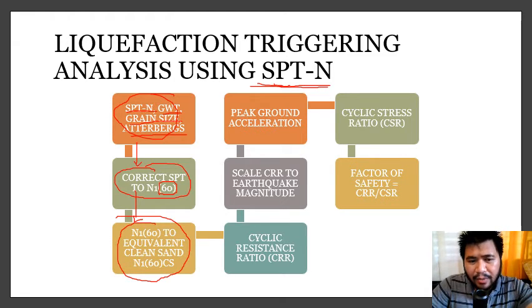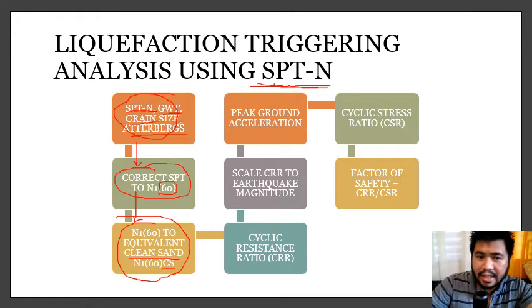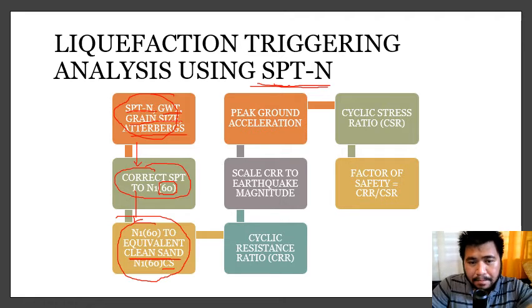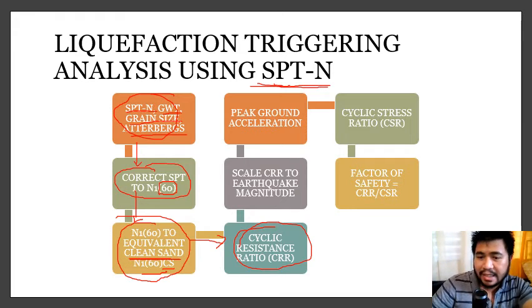So here, we are removing the effects of fines content. A clean sand is a soil that has no fines. It doesn't have silts. It doesn't have clays. And then from there, we calculate the cyclic resistance ratio based on the N160 CS. Basically, the ability of your soil to resist liquefaction.